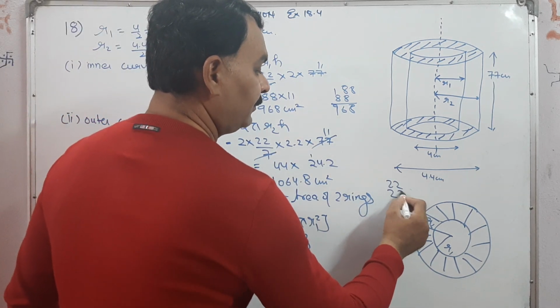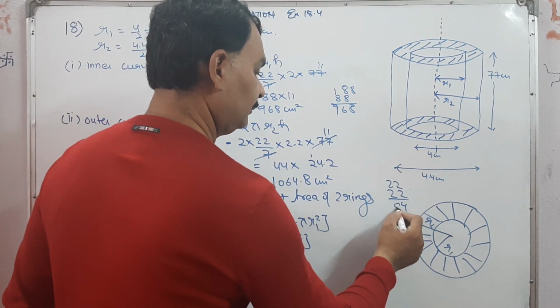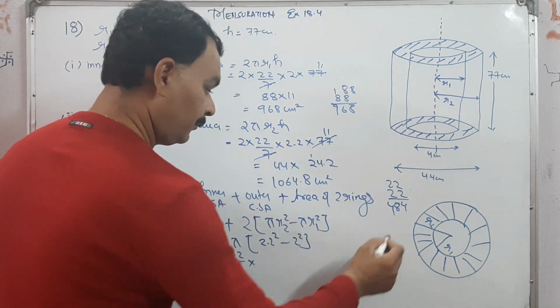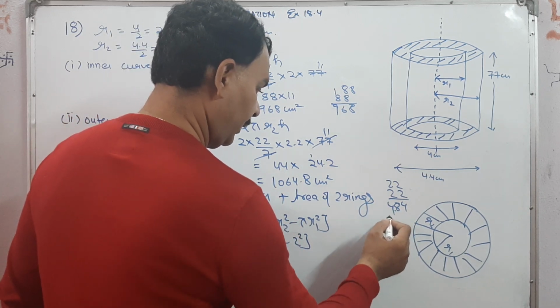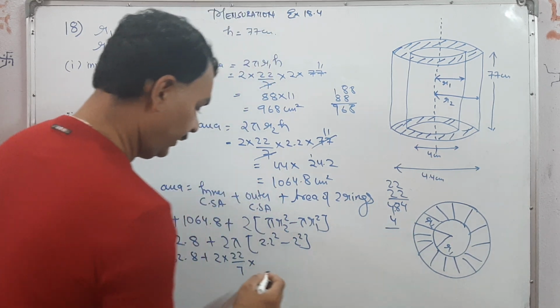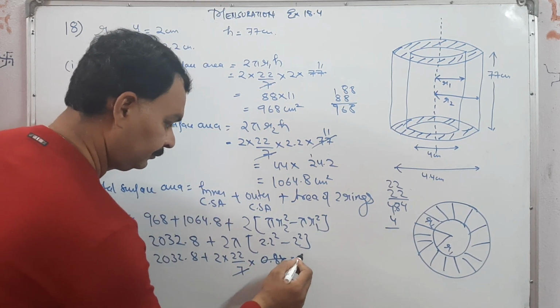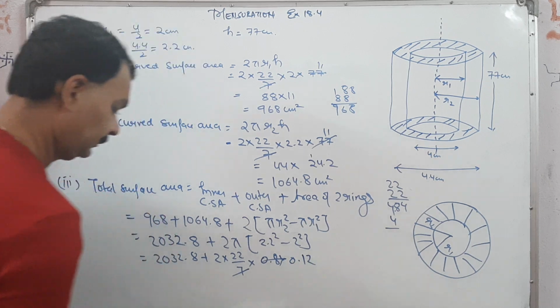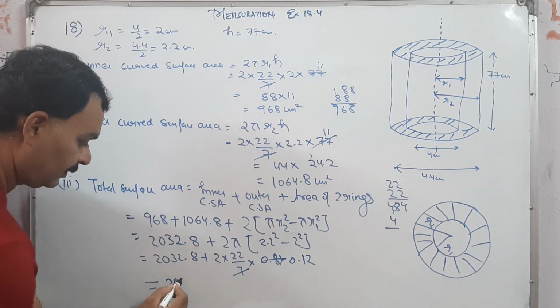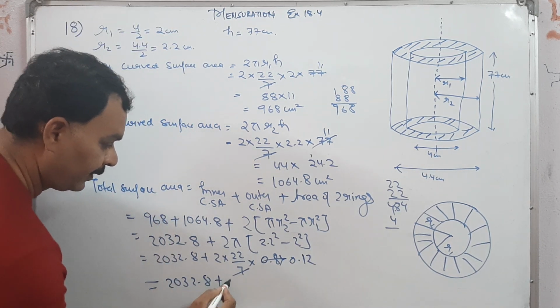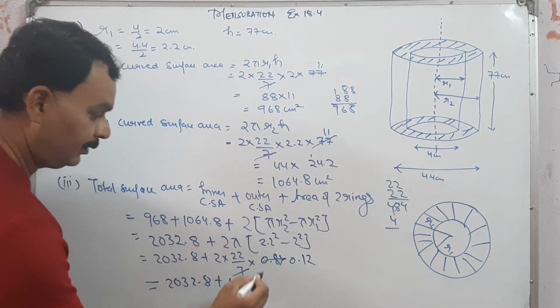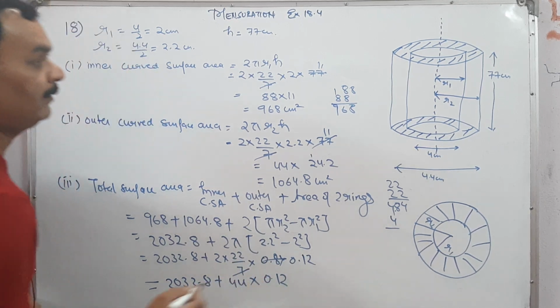The square of 2.2 is 4.84, and the square of 2 is 4, so 0.84. So 2032.8 plus 44 into 0.12.